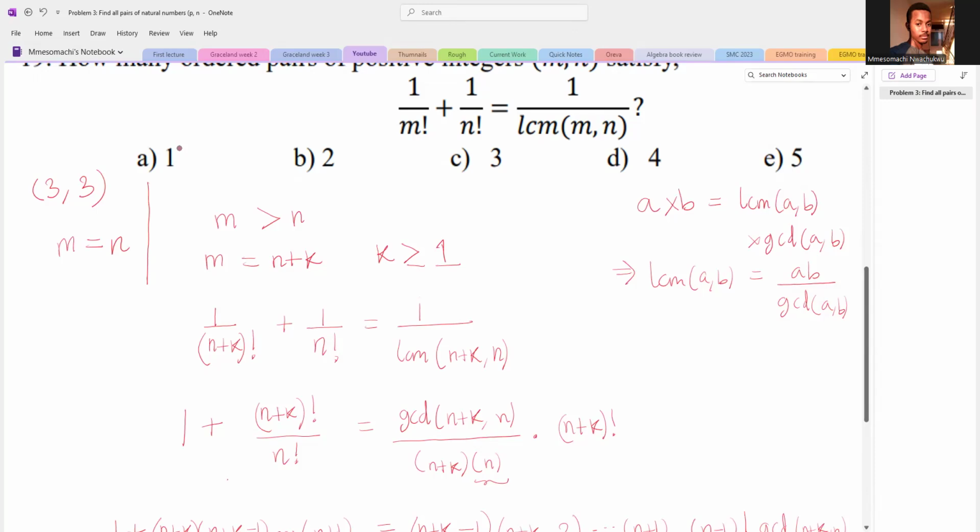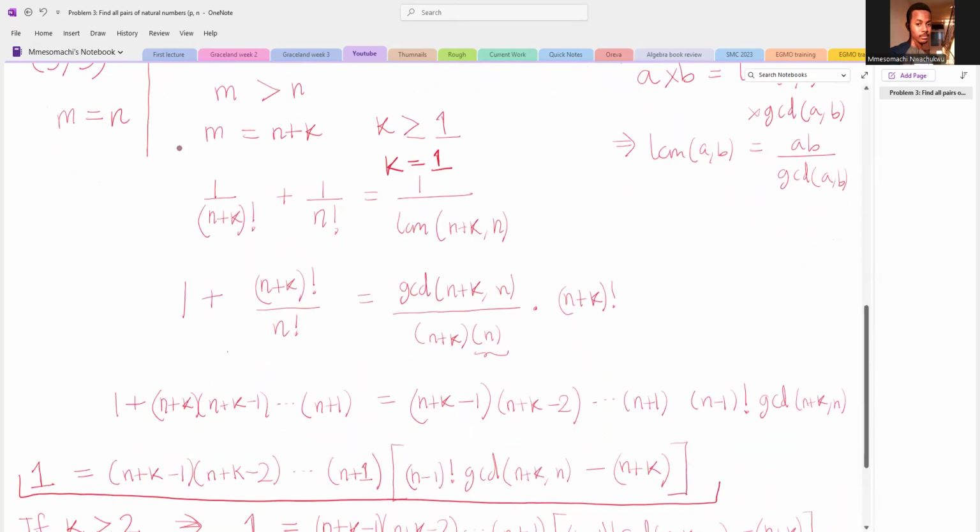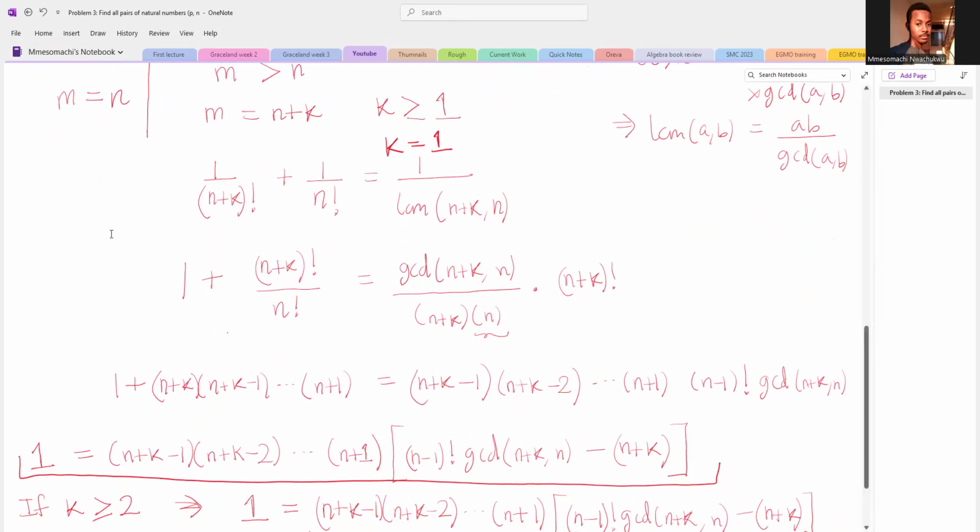So we have k equals 1. Okay, so let me erase some of these things down here to create space. Recall you can always pause the video and check what is being done.